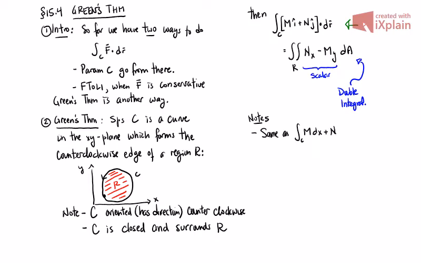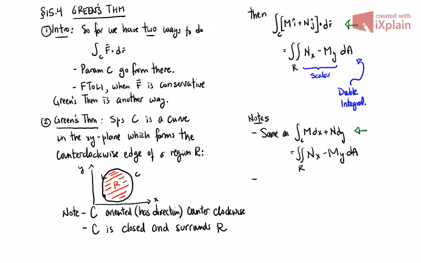Remember this right here means the same as the green arrow up here. So in other words, these two things are literally the same thing. And so what Green's theorem says is the same as saying this.